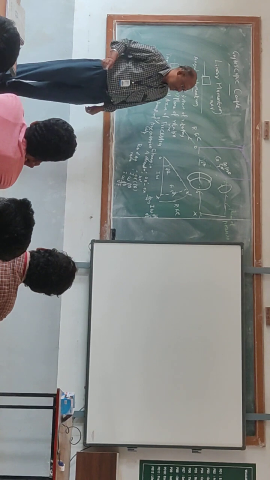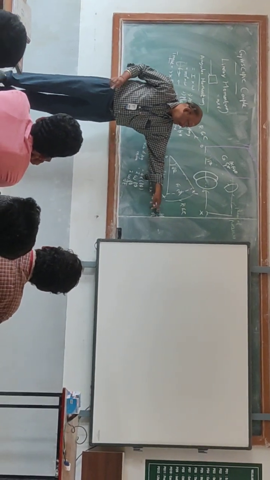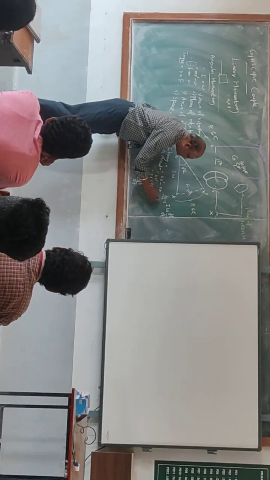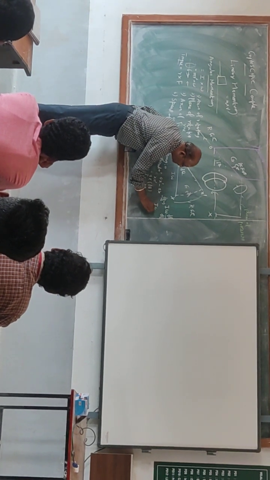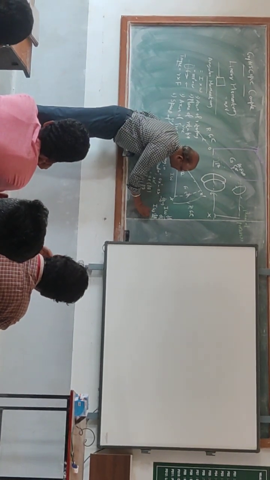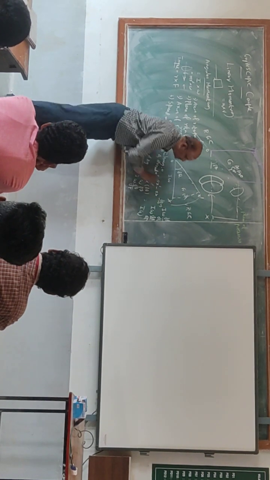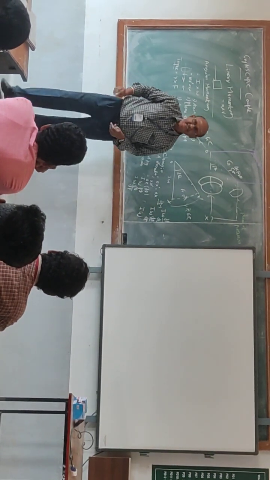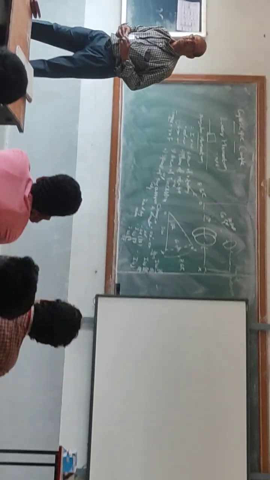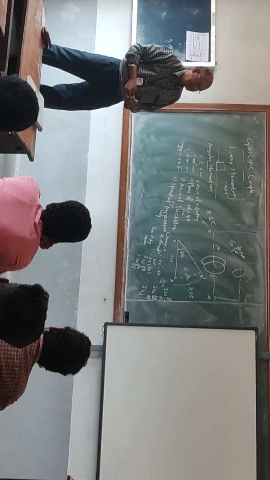So the rate of change of angular momentum is I omega del theta by del t. As del t tends to 0, it can be rewritten as I omega d theta by dt. What is the term d theta by dt?